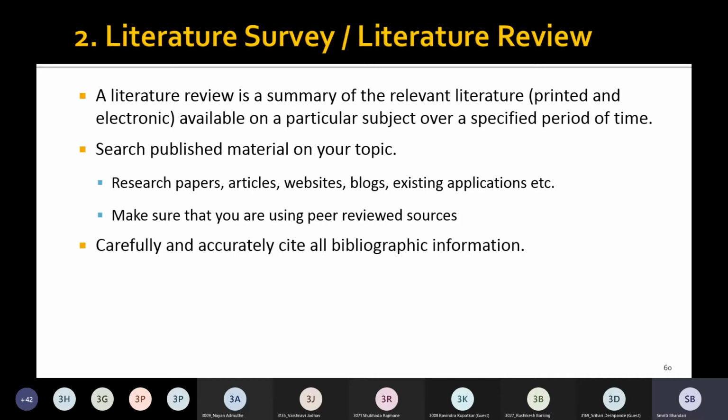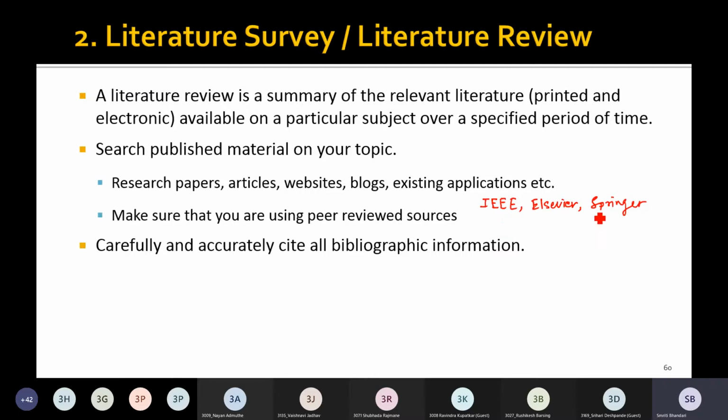In fact, I have mentioned the list of publishers who actually publish research articles, and those are the reputed publishers. So we should refer to the papers published by IEEE, Elsevier, Springer, right? These are the reputed publishers that actually publish technical articles. So we should refer to the papers published by these publishers.